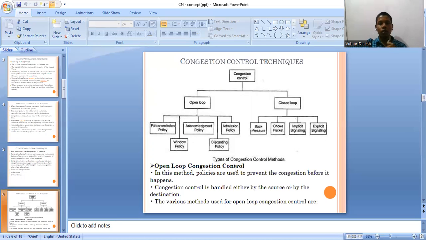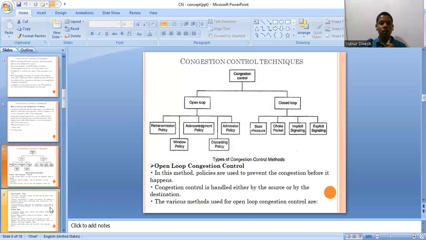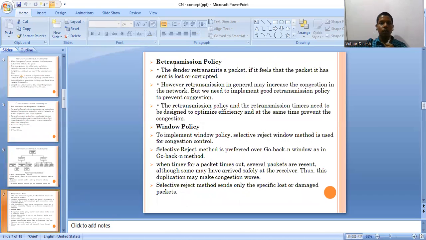Open loop congestion control. In this method, policies are used to prevent the congestion before it happens. Congestion control is handled either by the source or by the destination. The various methods used for open loop congestion control are retransmission policy. The sender retransmits a packet if it feels that the packet it has sent is lost or corrupted.